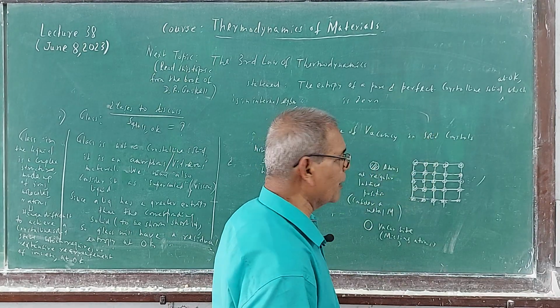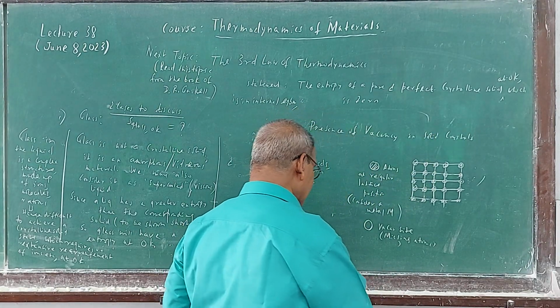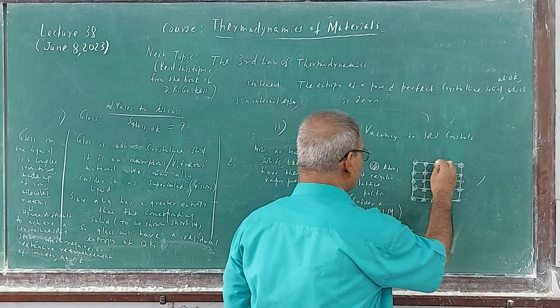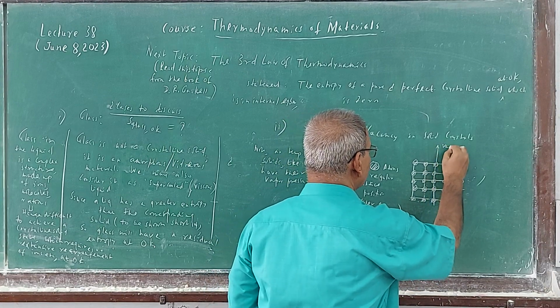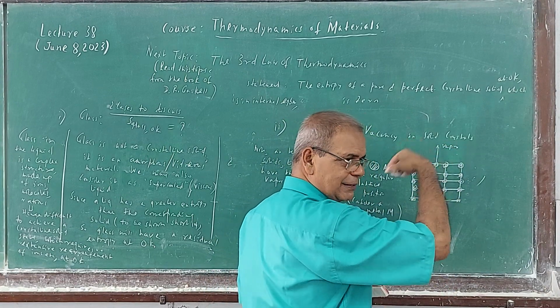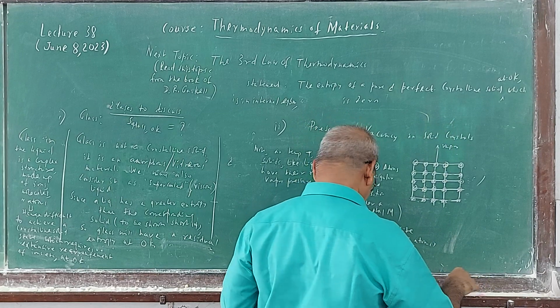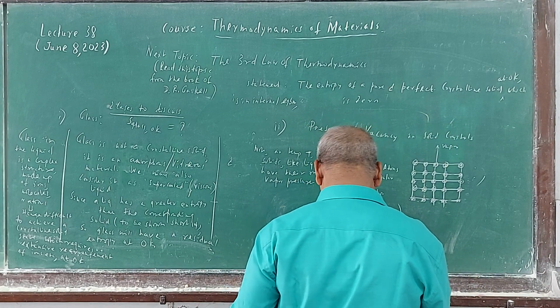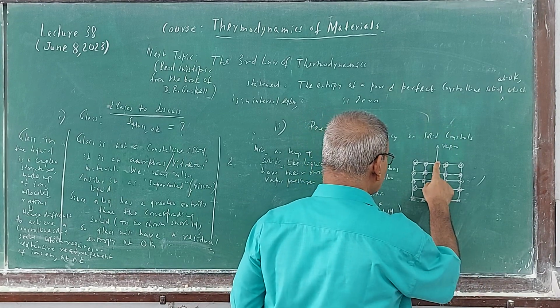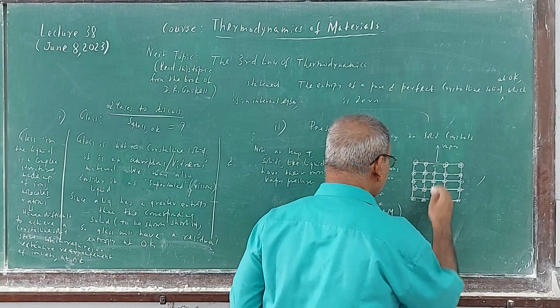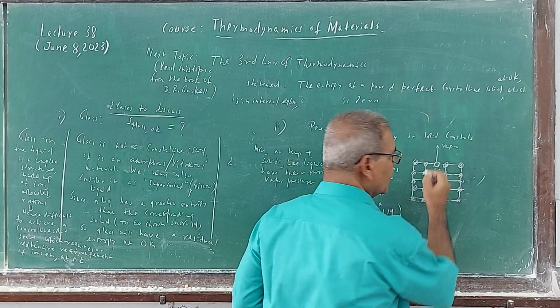So going ahead, I am showing this vacant spot. Suppose this one goes to vapor, the gas state. If it goes, then what will happen to this? This is empty.